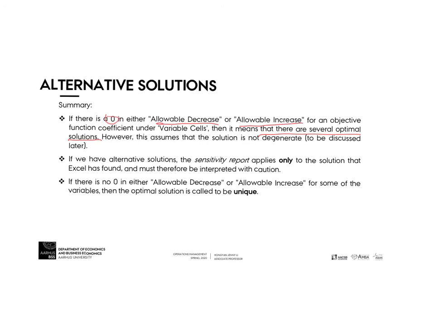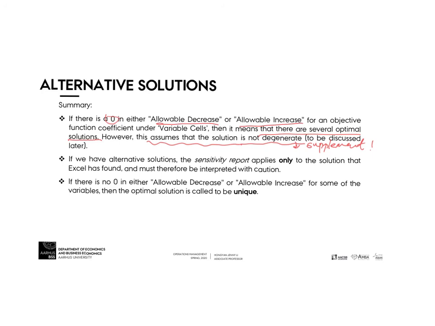Here this conclusion is based on the assumption your solution is not degenerated. We will not cover degenerated solutions in the lecture. This is not required, but you get a supplement to explain what is a degenerated solution if you're interested.